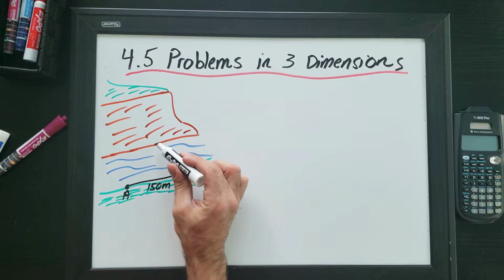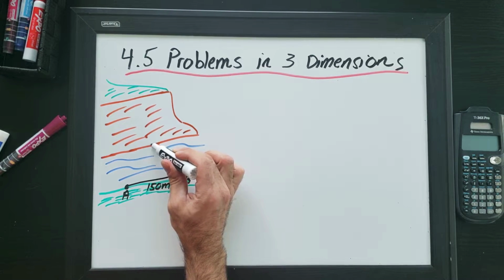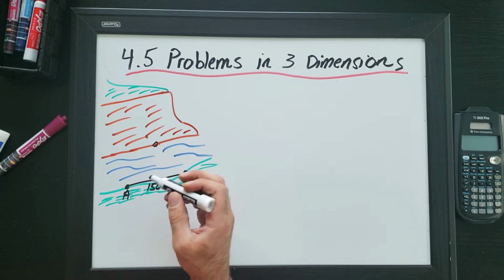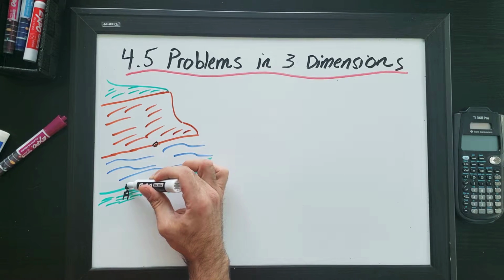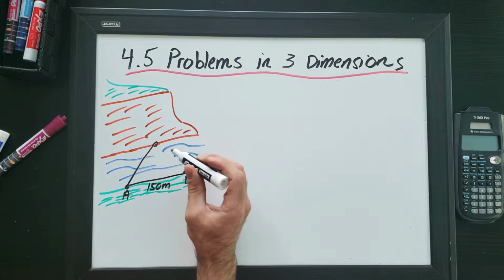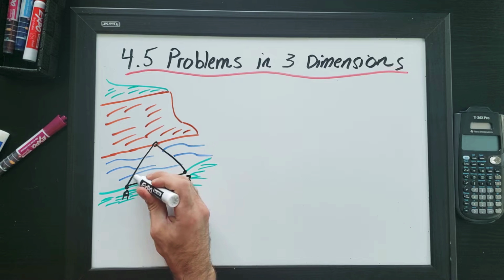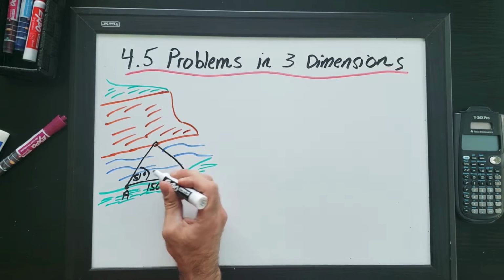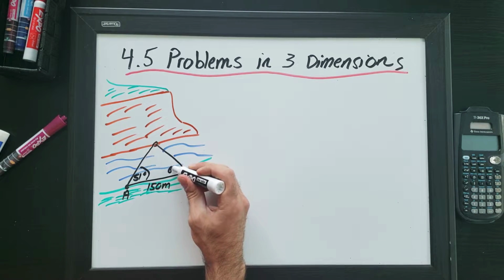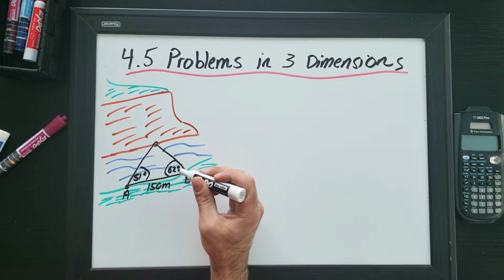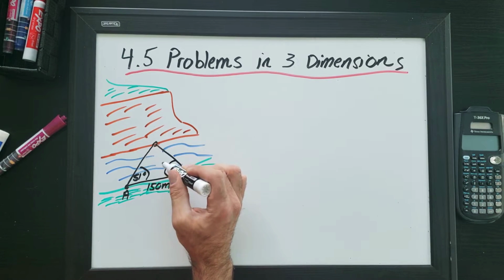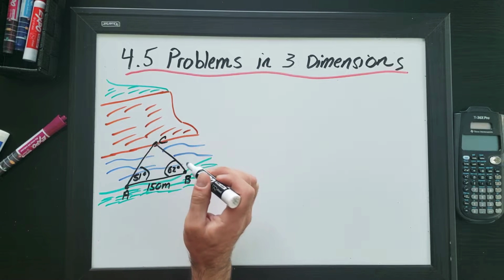Now, I'm going to find a rock at the bottom of this cliff, and I'm going to measure the angle from point A to that rock, and the angle to that rock from B. I'm going to measure this one to be 51 degrees, and this one's going to be 62 degrees. Okay, so far pretty easy. And we'll call this point C.